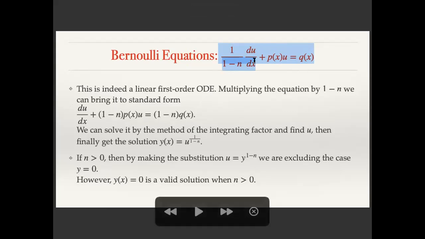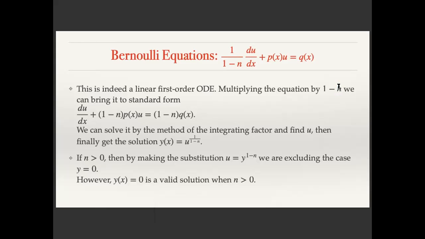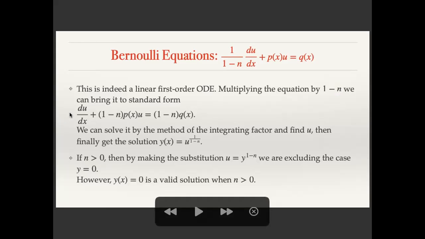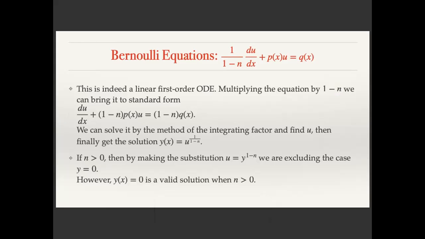The last missing step is that we want to have the derivative of u in the equation, which is written here, by itself. So we want to remove the 1 over 1 minus n factor. In order to do that, we multiply the whole equation by 1 minus n. This is one of the reasons why using this method in the case when n is equal to 1 wouldn't make sense, because we would be multiplying the equation by 0, which is a perfectly valid operation, but it does not establish equivalence.